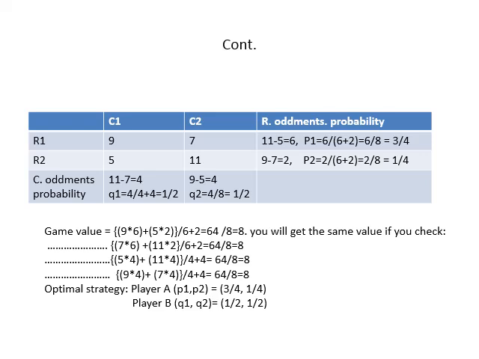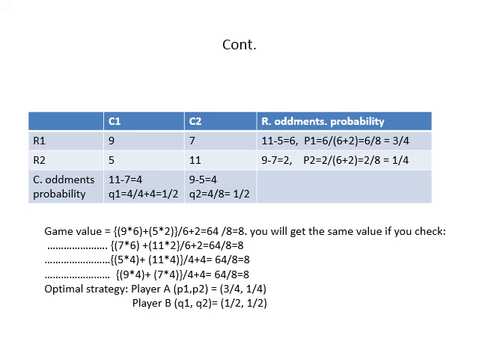For R1, we call this probability P1. P1 equals 6, the oddments of R1, over 6 plus 2.